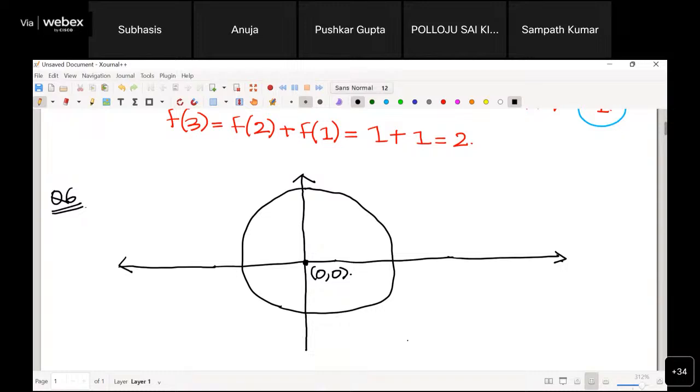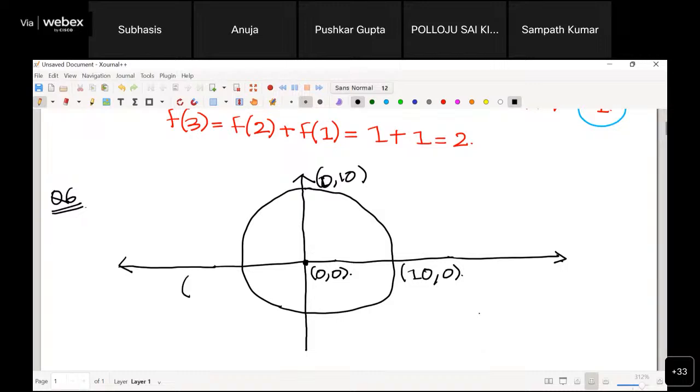Don't mind that I have not drawn this picture properly. Think of it as a circle of radius 10. This point is 0, 10. This point is, let's say, 10, 0.